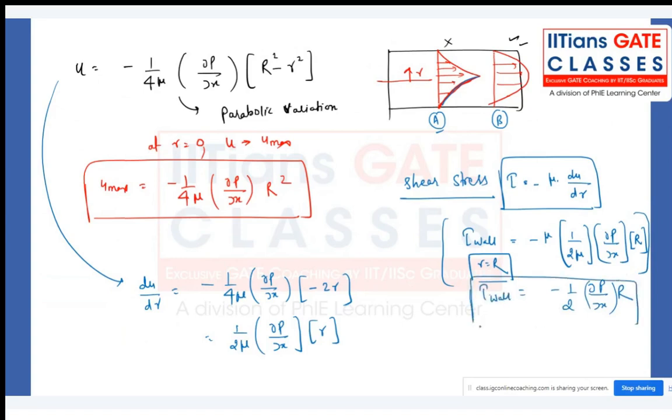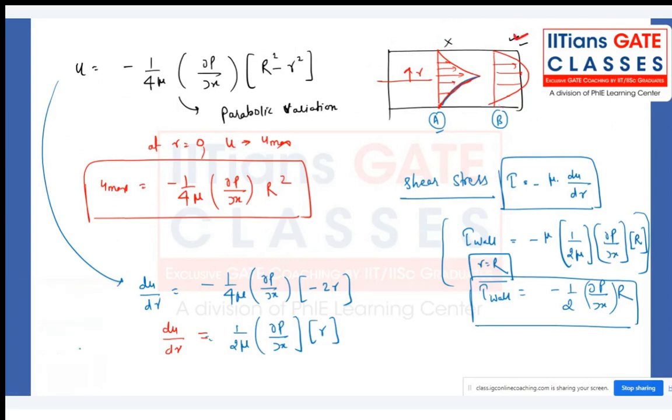Now tell me how the general variation of shear stress is. Linear or parabolic? Linear one, correct. Whatever the reason you are giving, that is correct. Only this particular figure is important. Figure B is correct.